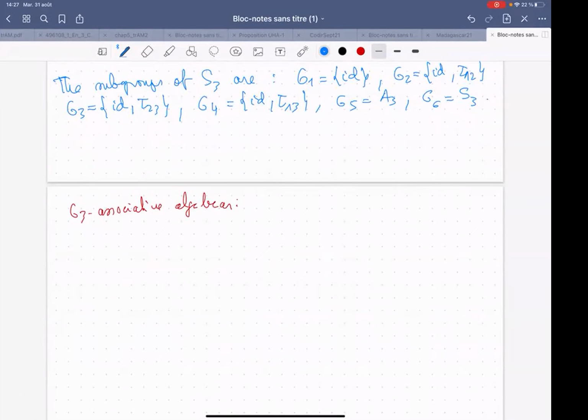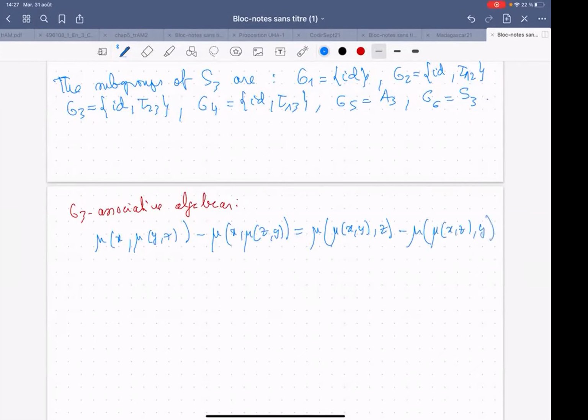And if we want to write this down, then what we get is mu(x, mu(y, z)) minus mu(x, mu(z, y)) equals mu(mu(x, y), z) minus mu(x, z, y). Okay. In fact, these are called pre-Lie algebra. They are called pre-Lie algebra.